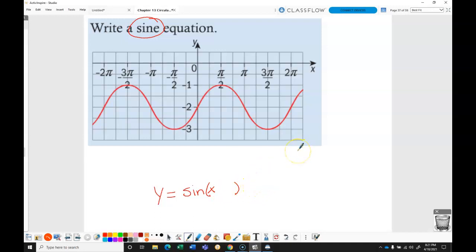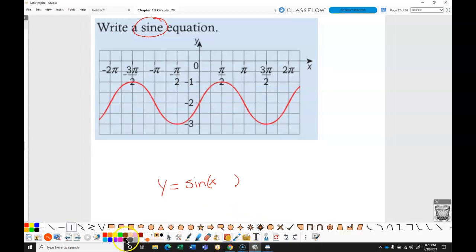So what I want to do is find the midline of the graph that's here right now. I want to find the horizontal midline, basically. And it looks like it's falling right here. And the way I can tell that is that my maximum point is at -1 and my minimum point is at -3. So the halfway between that -3 and the -1 is at -2. So there is my midline.